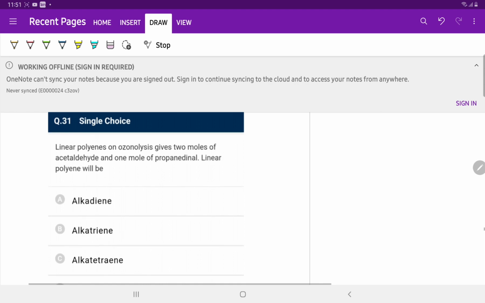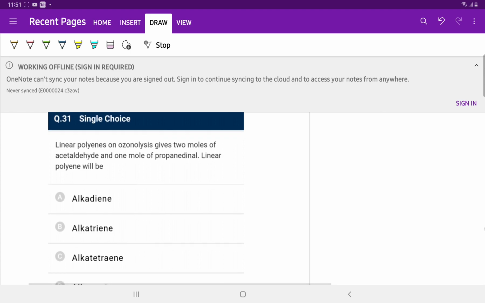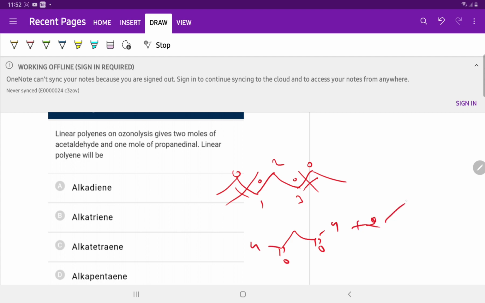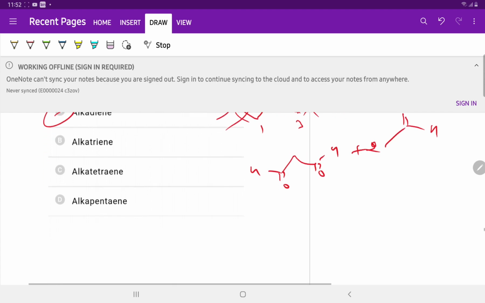Question number 31. Linear polyene on ozonolysis gives 2 moles of acetaldehyde and 1 mole of propanedial. The linear polyene will be such that it gives 2 moles of acetaldehyde and 1 mole of propanedial, so the alkadiene is the correct answer.